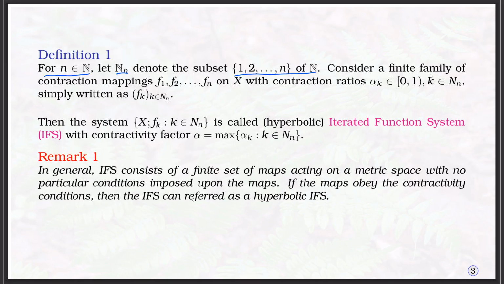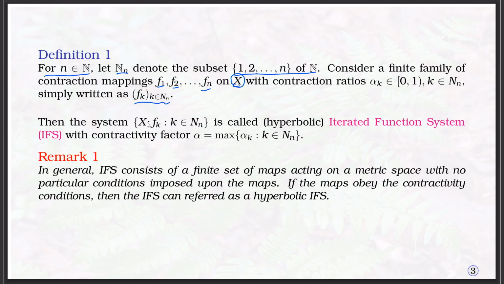Consider a finite family of contraction mappings f1, f2, ..., fn on X with contraction ratios alpha k, which belongs to the interval [0, 1) for each k belonging to N subscript n. So, this iterated function system is denoted like this. Here X is any metric space.